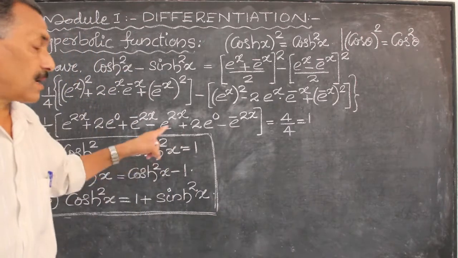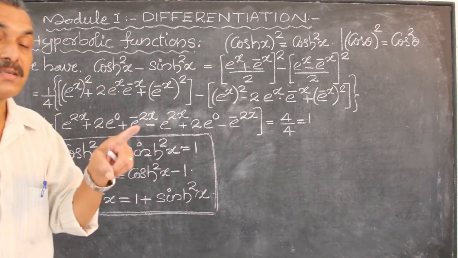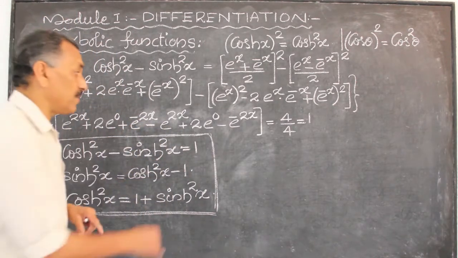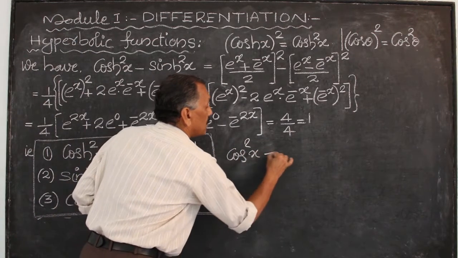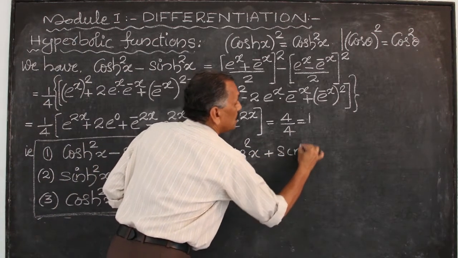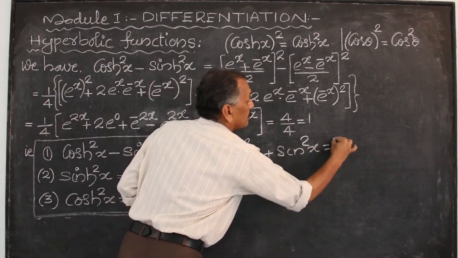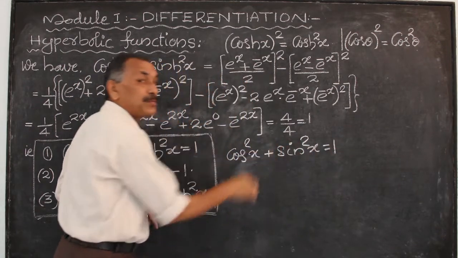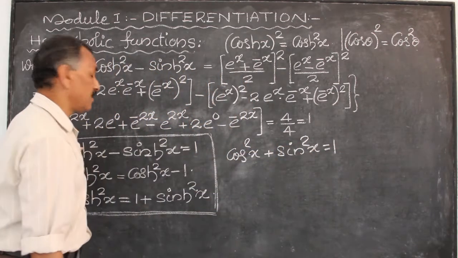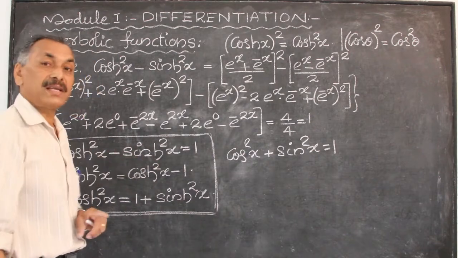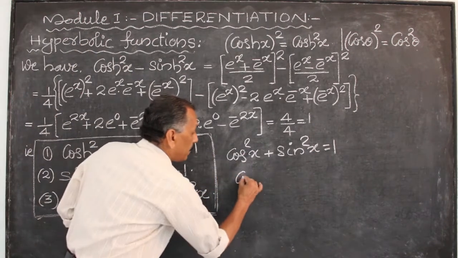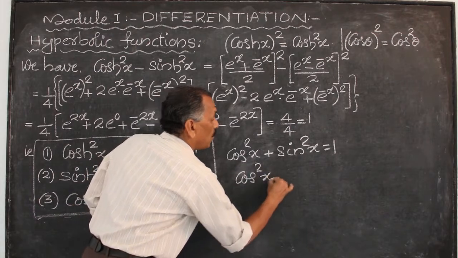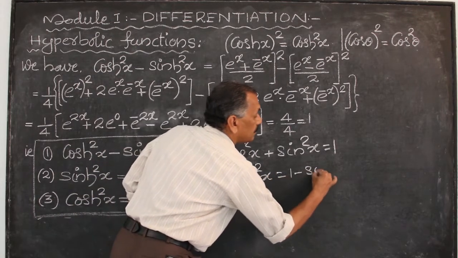What about the corresponding result in the trigonometric functions? In the case of trigonometric functions, we have cos²x plus sin²x is equal to 1. But here, cosh²x minus sinh²x is equal to 1. Then what is cos²x? cos²x is equal to 1 minus sin²x.